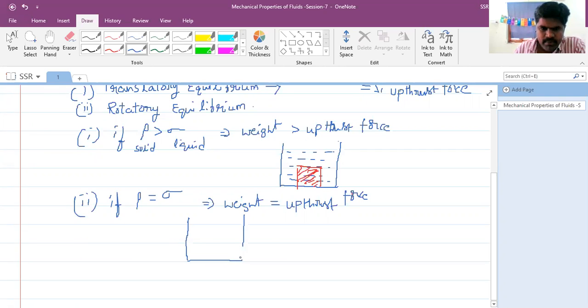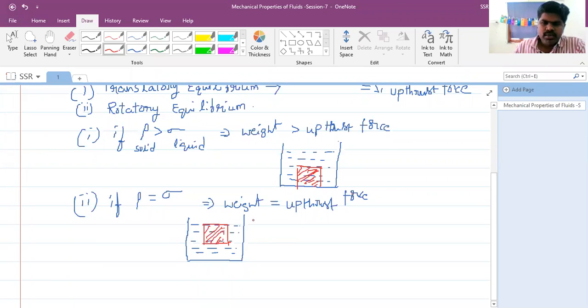That means it will be completely immersed, because the total volume I have considered for upthrust in this case. In that case, you can imagine the solid body will be like this. It is still floating, but it floats just inside the liquid and touches the surface of the liquid. Are you clear on the second case?